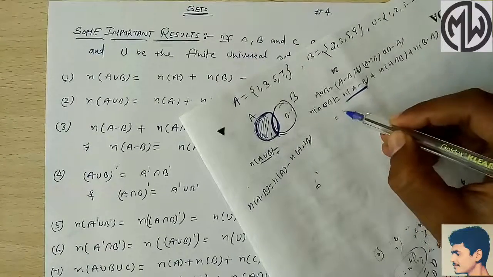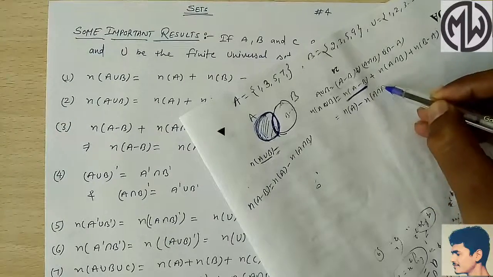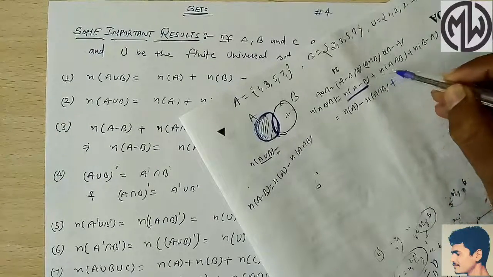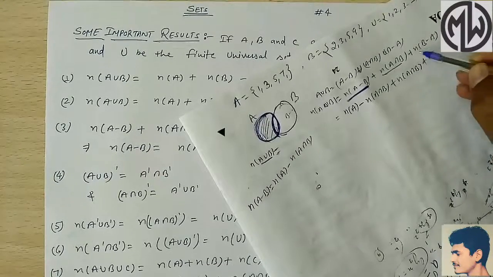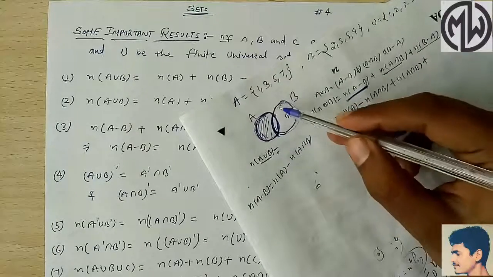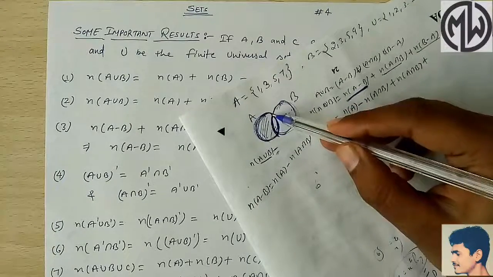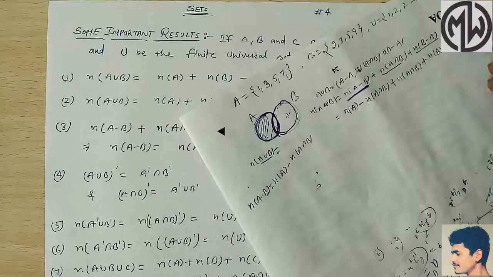So this can be written as number of A minus number of A intersection B, plus this is as it is, plus number of B minus A. That means this part can be written as number of B minus number of A intersection B.